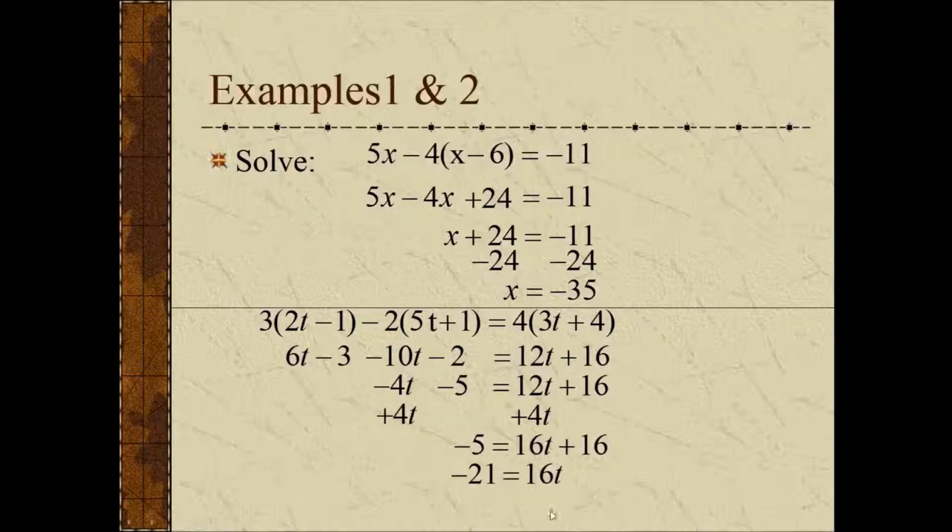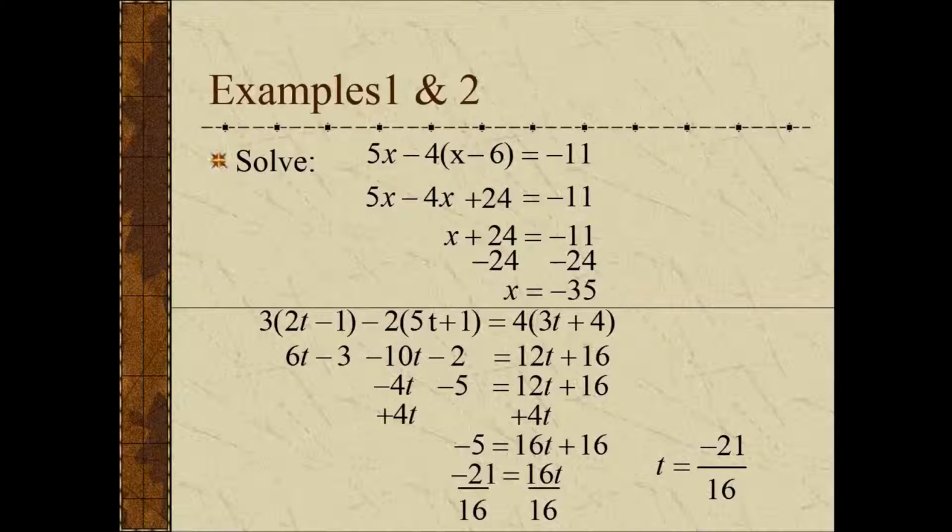And now I have -21 on this side equal to 16t. I'm almost out of room here, but it's a good thing I only have one step left. I'm going to divide both sides by 16 so that I can strip away that 16 from the t. And so t is going to equal -21 over 16.